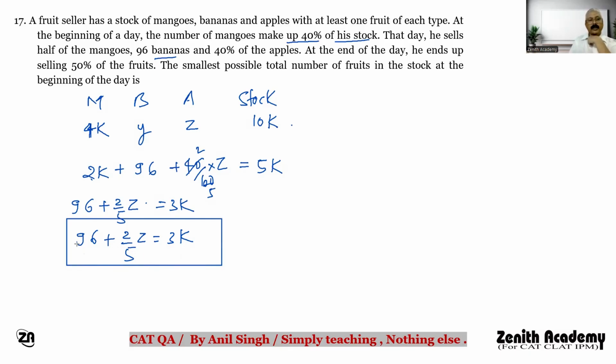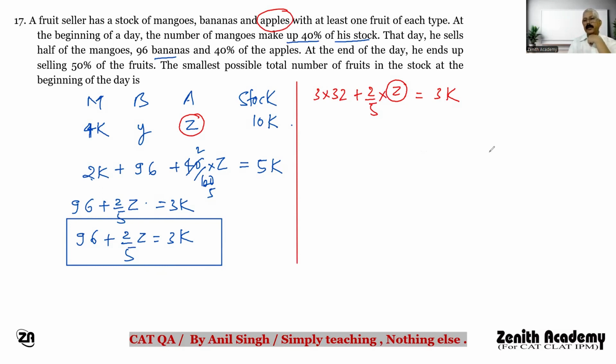So the left hand side should also be a multiple of 3. So here, 96, no problem. 96 you can take as 3 into 32. The matter is 2 by 5 Z. Z should be a multiple of 3. One more point is interesting here. Z is the number of apples.